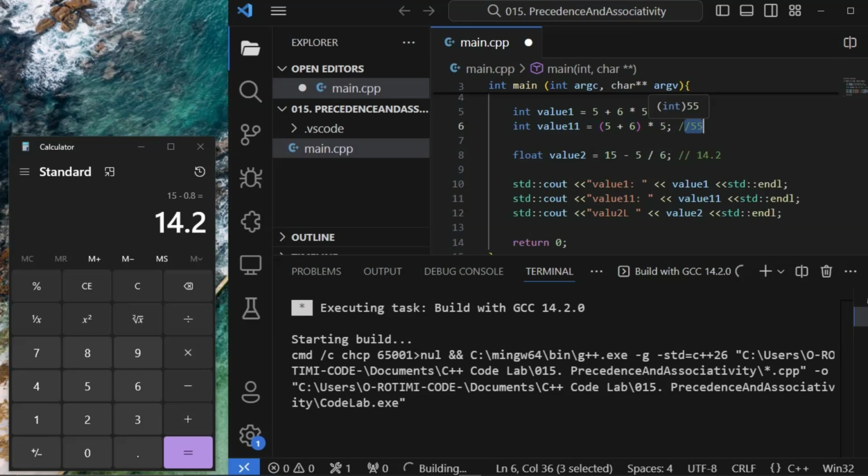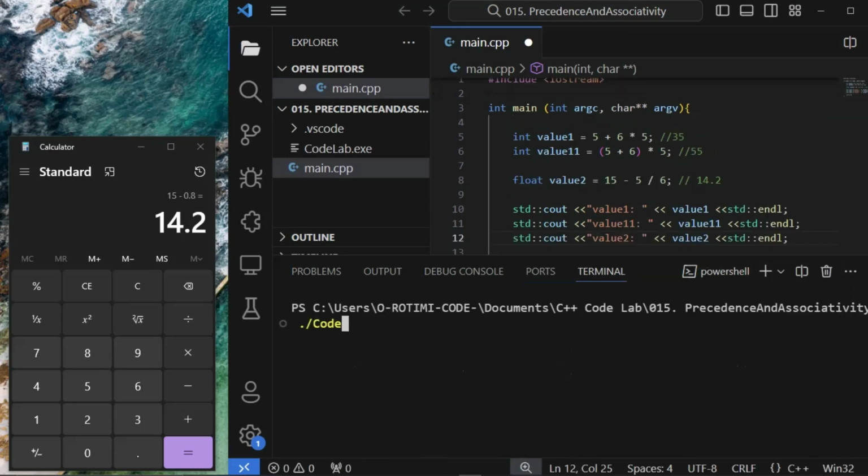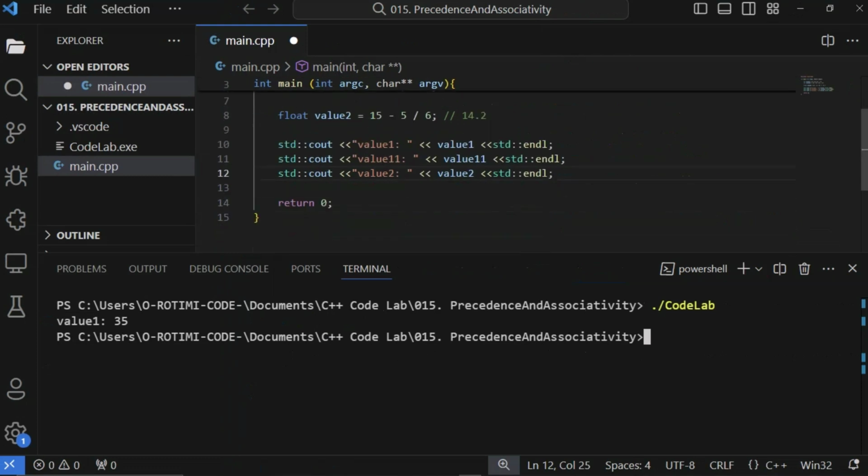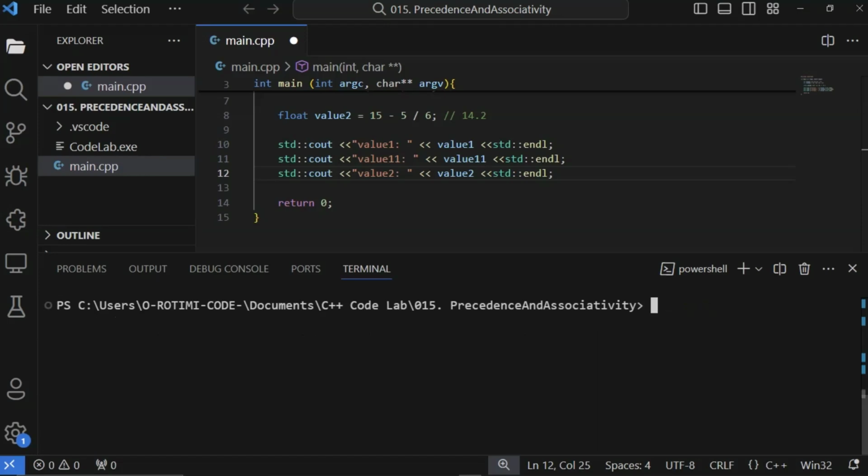So let's get our binary. So let's run. What's going on now? What's going on with my compiler? Oh, please excuse me, I don't understand what's going on.